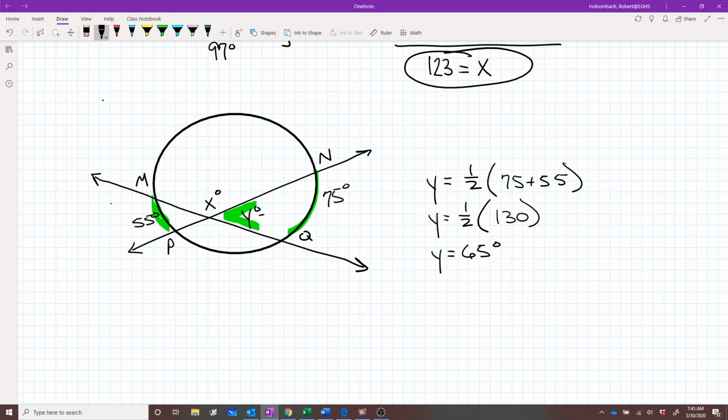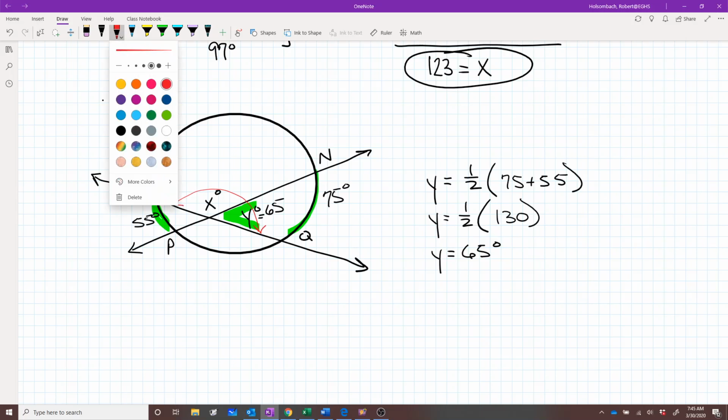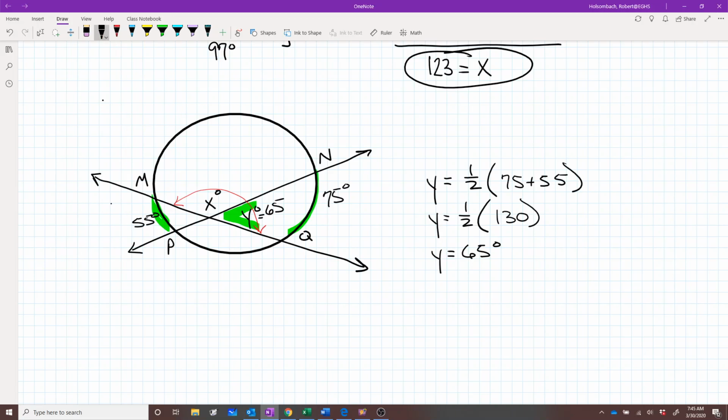Alright, so if Y right here equals 65 degrees, and these two form a line, they are a linear pair, then X is going to be equal to 180 minus the 65. So our X in this case is equal to 115.